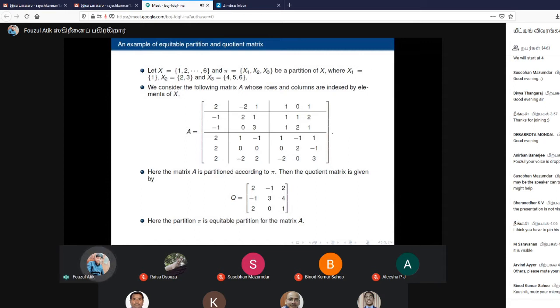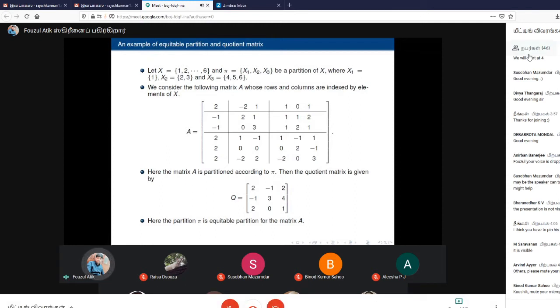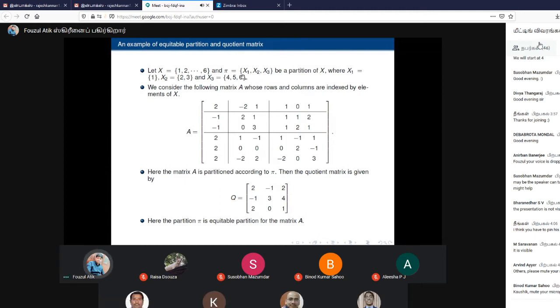We can think of that matrix as having an equitable partition with only one set in the partition. That means the partition is only x1, because we have only one block, which is the whole matrix.